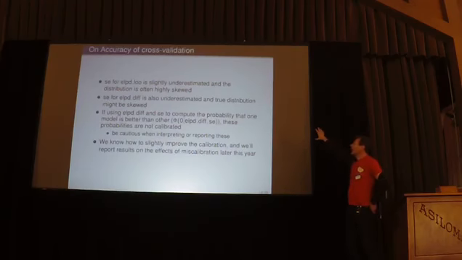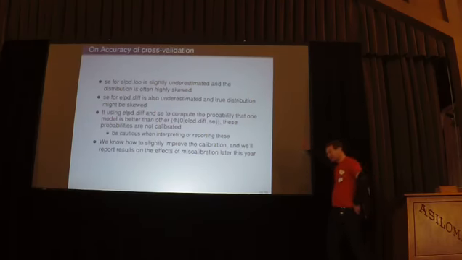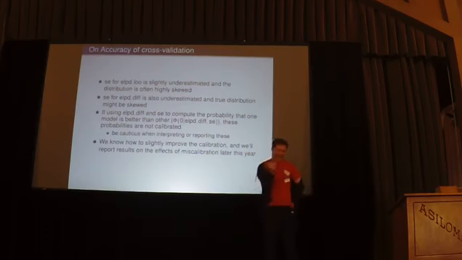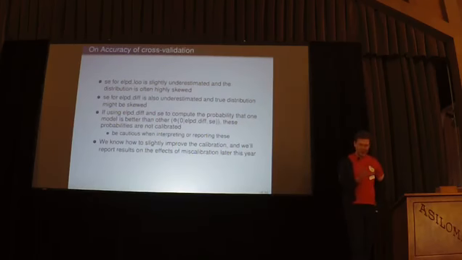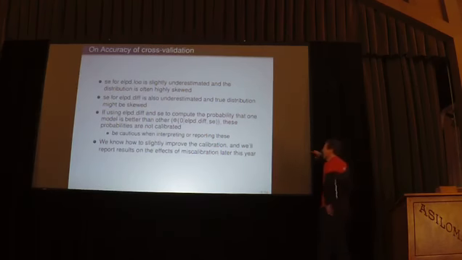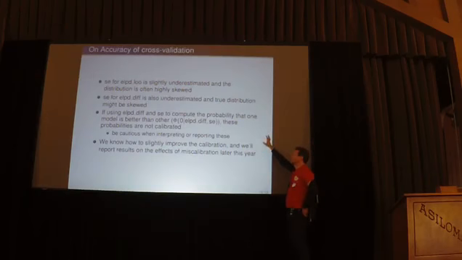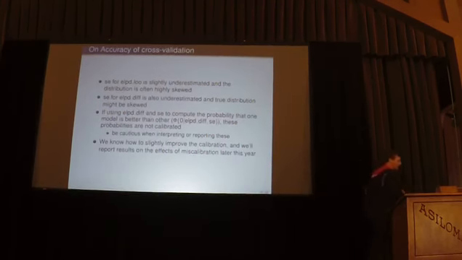So currently we just recommend that you compare the ELPD difference and check whether it is much larger than, say, twice the SE, but we don't recommend computing some exact probability to report in papers. We know how to slightly improve the calibration of this, and hopefully later this year we'll report results and better recommendations on what exactly to report. But it's anyway useful to look at these diff and SE values.